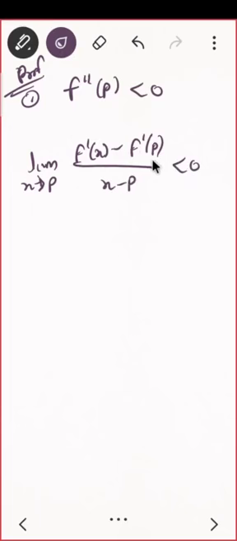Proof, the first one: you are given f double dash of p is less than 0. What do you mean by the definition of f double dash? Limit x tending to p of f dash of x minus f dash of p upon x minus p. This is less than 0.